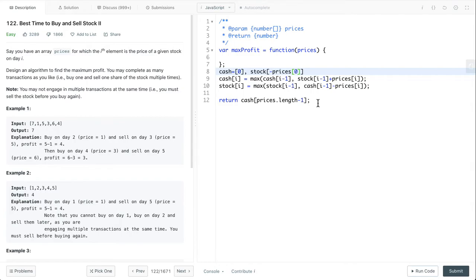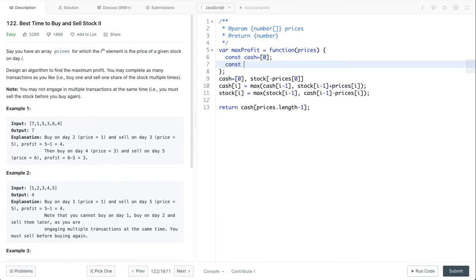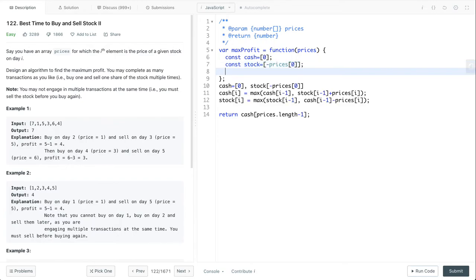Let's look at the code implementation. Then we can do our for loop and update individual cash i and stock i.